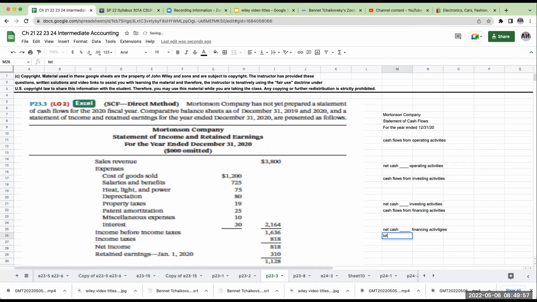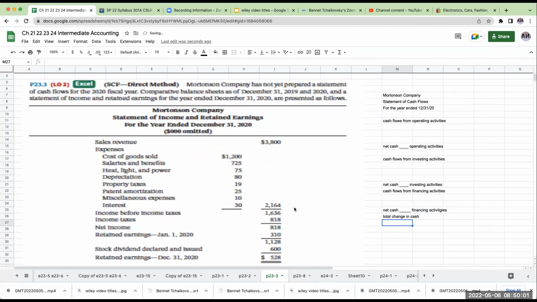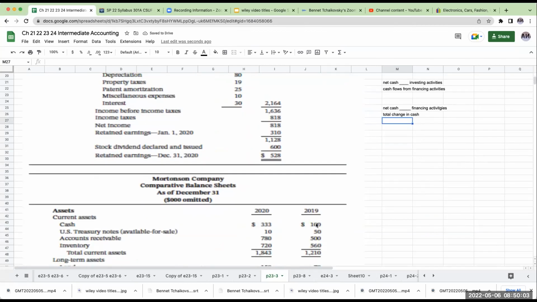Okay, our total change in cash. So did our cash go up or down? Cash started at 100, ended up at 333, so it went up by 233. My beginning cash balance was 100. My ending cash balance is going to be 333. I have non-cash transactions.